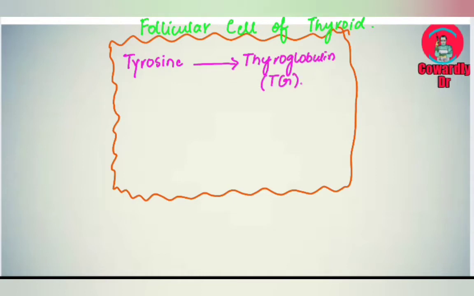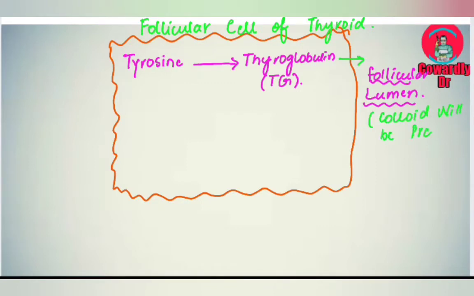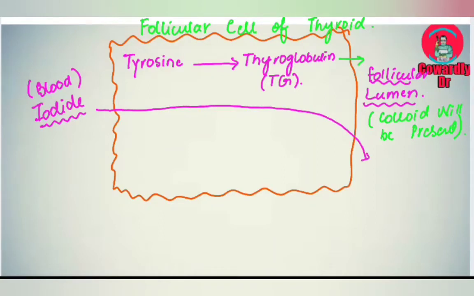This thyroglobulin moves out into the follicular lumen. In this follicular lumen, the colloid will be present. At the same time, let's say this is iodide. This iodide is present in the blood. It will enter the follicular cell. It will cross the follicular cell and enter the follicular lumen also.